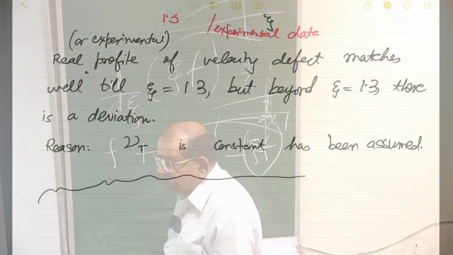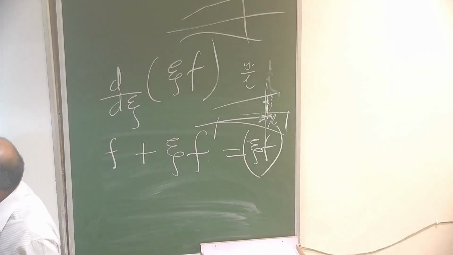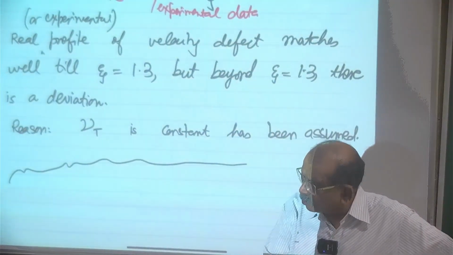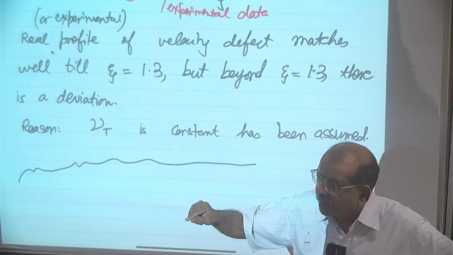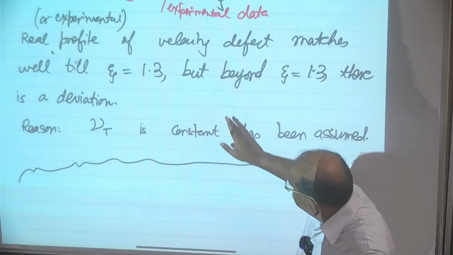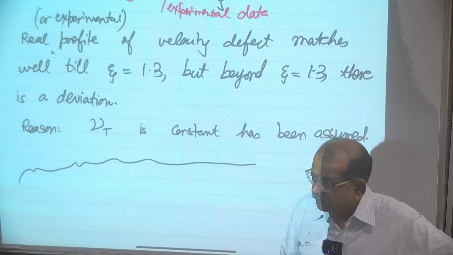What I mean is that the velocity profile matches exponential of minus half zeta square up till zeta equal to 1.3.